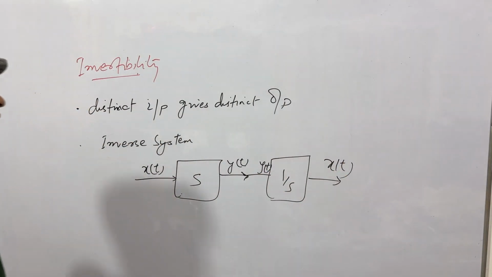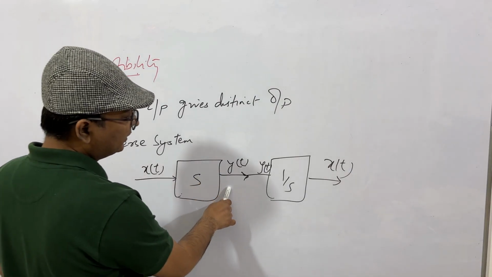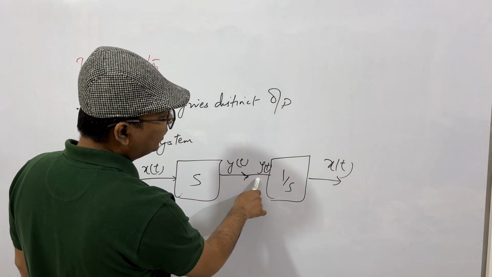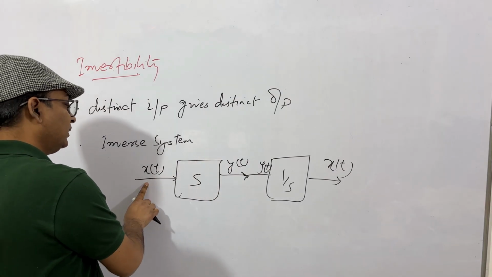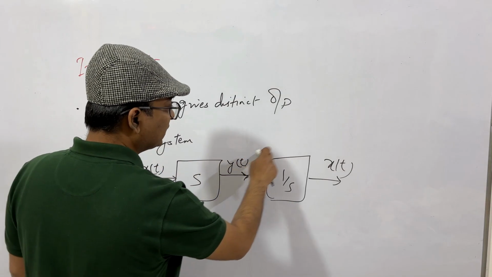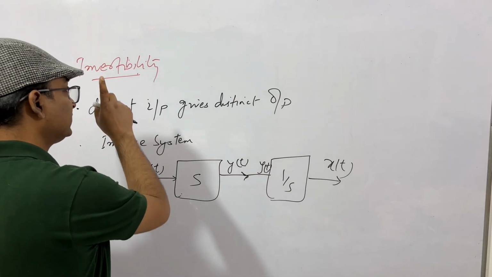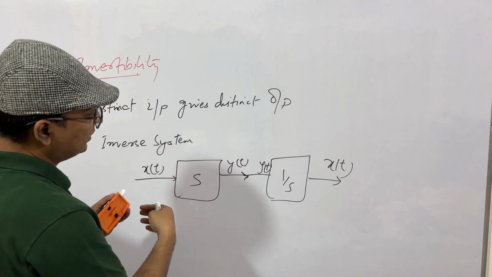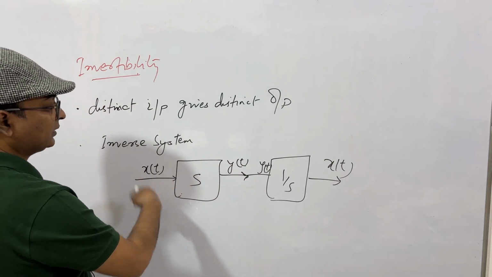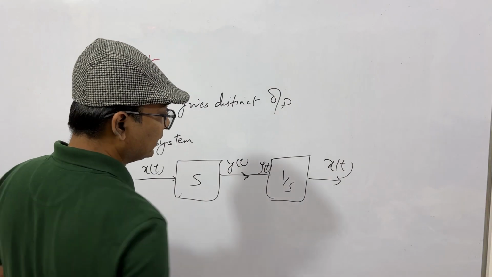So this is the meaning of the inverse of the system. The input to this is the output of this, and when we put the output in, it gives this particular input. These two are distinct. So if the system is invertible, we can design an inverse system which will take the output of system 1 and give the input of system 1. So this is one system, this is a second system.